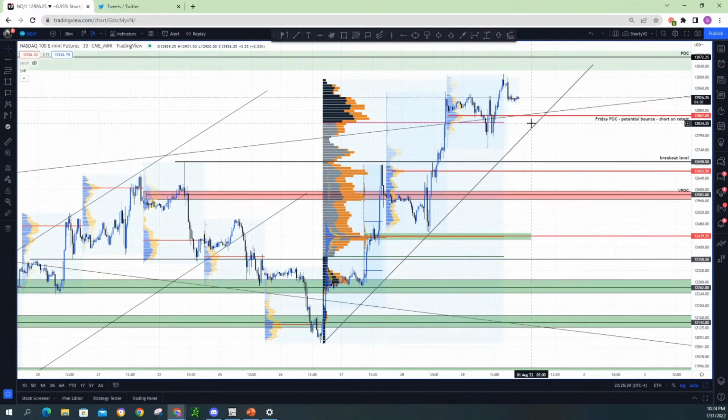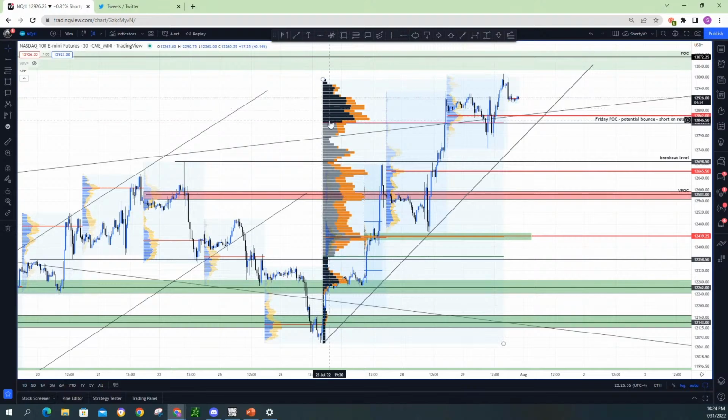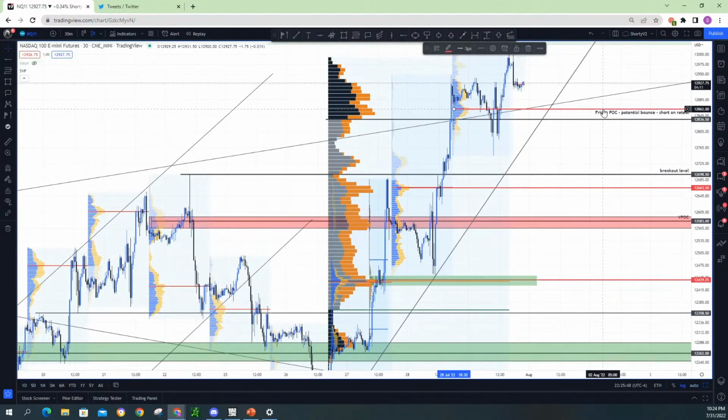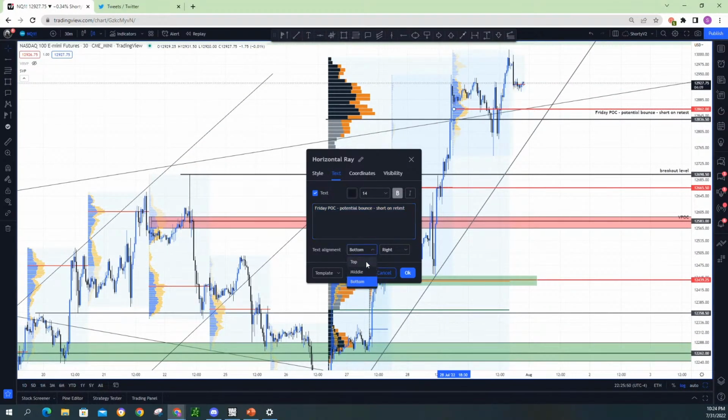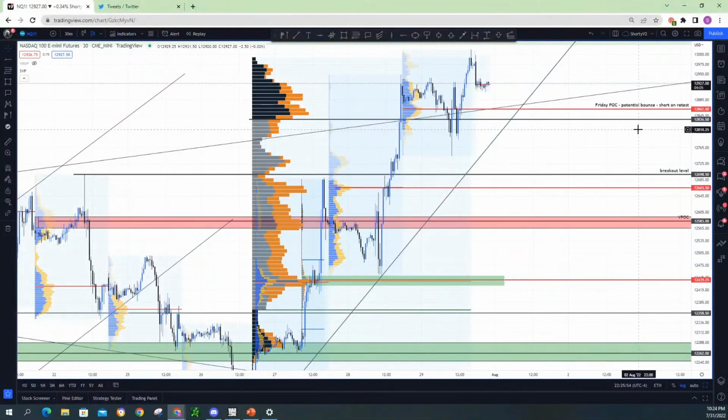Let's see if we're able to get this touch here, which would be the bull run VAH. This would be pretty good here, guys. So this area here at 12.836 might be a nice bounce if this misses.